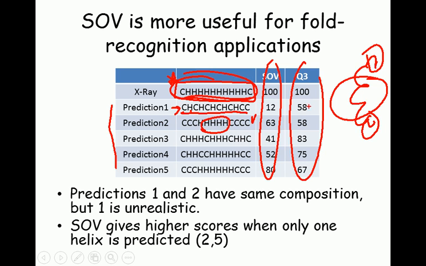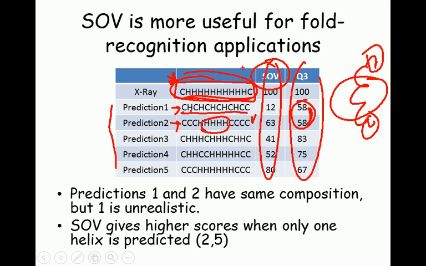If you look at the Q3 scores, they don't really take into account the segments of secondary structures; they consider individual residues. Their scores are the same, but clearly prediction 2 is a better prediction. The SOV score takes into account these segments.